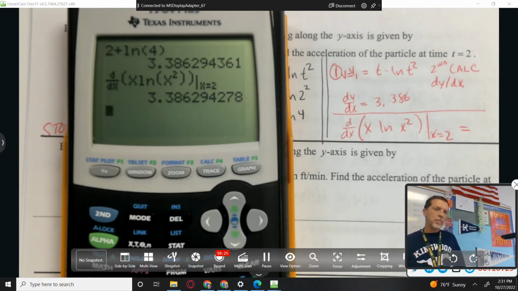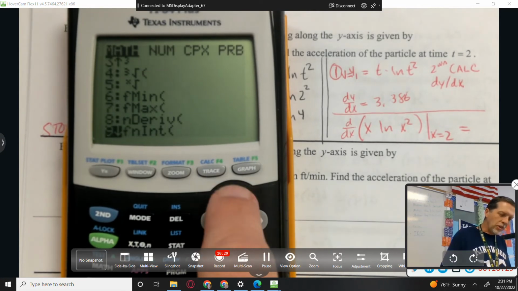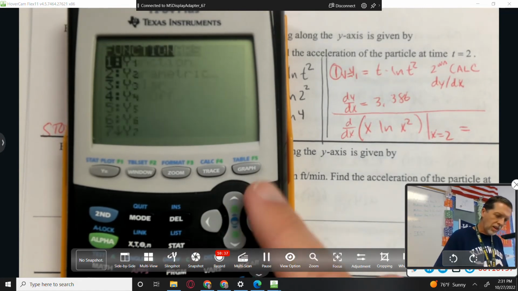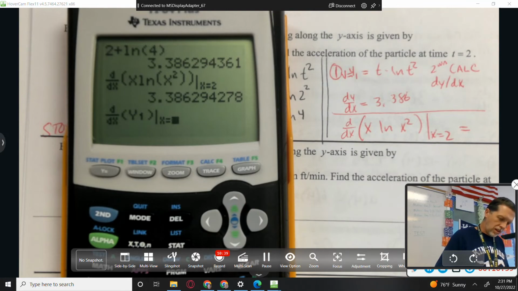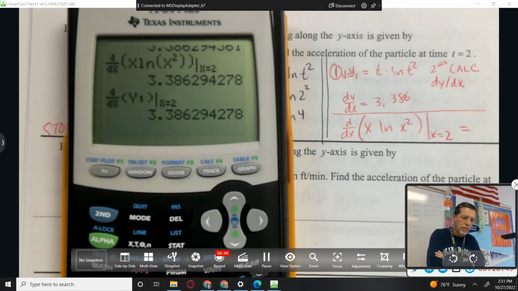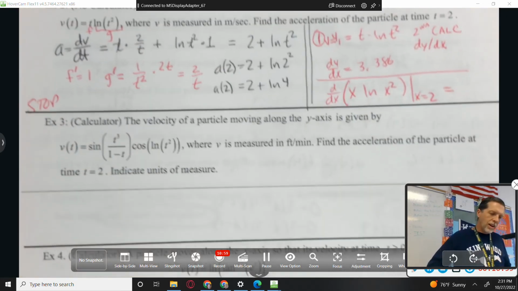And then one more way, although you wouldn't do it the way I'm about to do it, because if you already typed in the variable, you wouldn't use this way, but if you've already got y1 typed in, then you can just tell the calculator, hey, take the derivative of y1 at x equals 2 and tell me what you get. Now that's a combination of the two methods, so why would you do that one? But the calculator can handle it. All right, example 3.